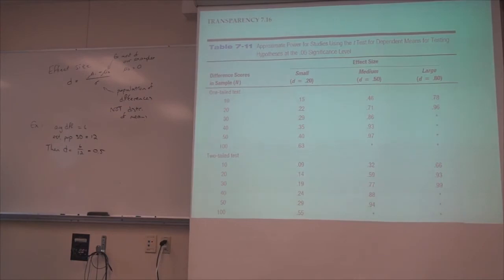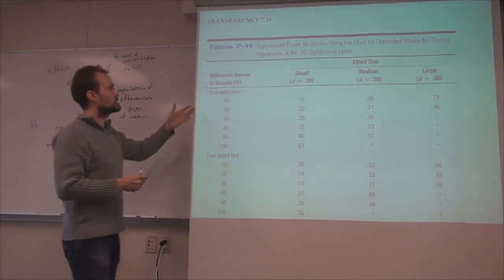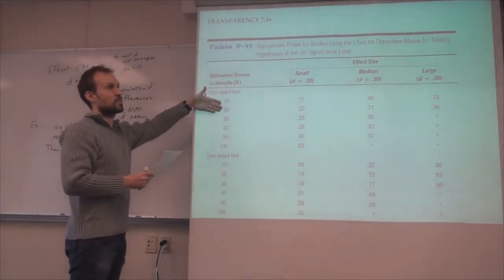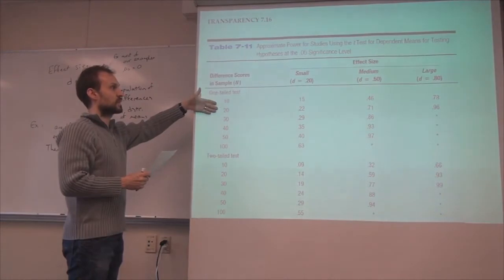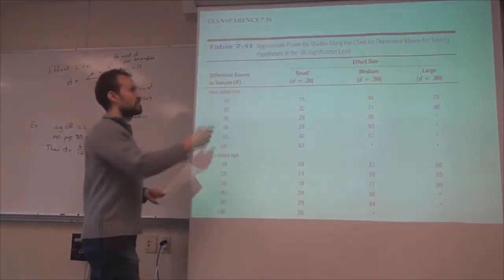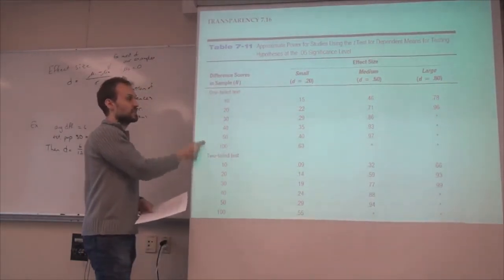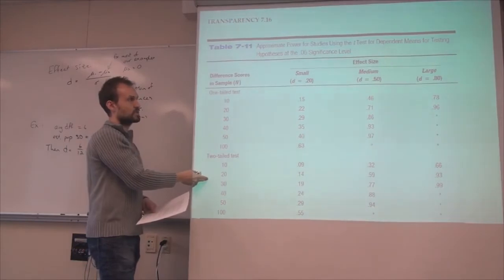So when I want to calculate the power, I simply need to know what my sample size is. Remember, power is affected by sample size as well as effect size. So I would have the effect size and the sample size for the two different kinds of tests. Our examples had a two-tailed test.